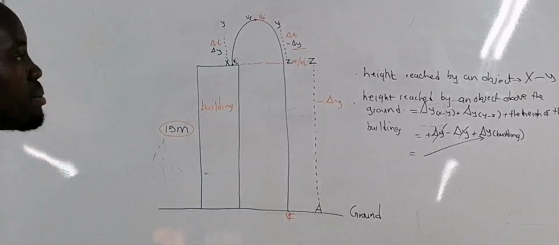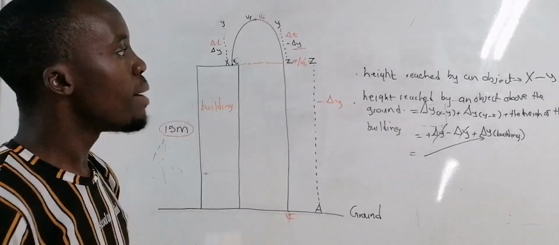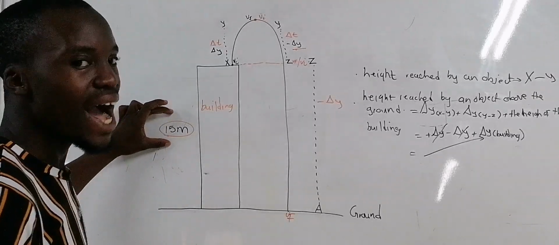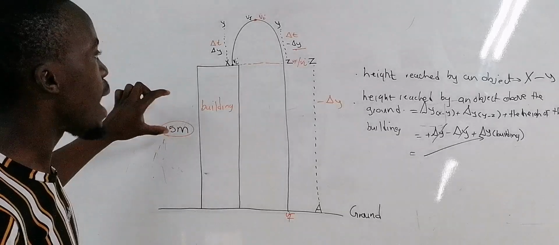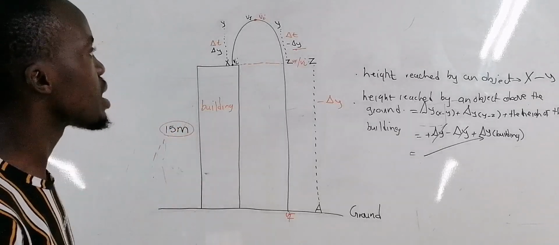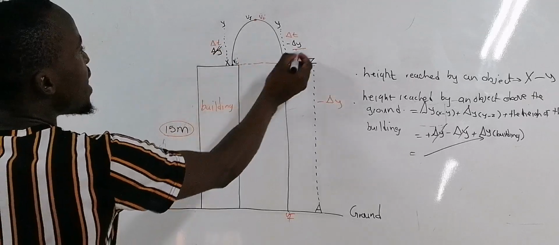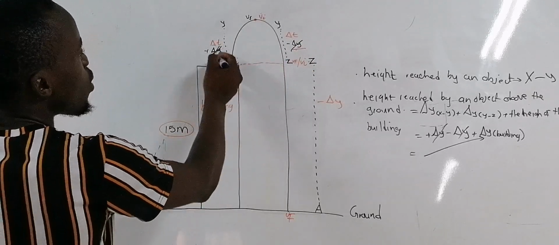That's very, very important. So if they ask me now to calculate the height reached by an object above the ground, this will be my height, because these ones are going to cancel, right? You add this one and this one, and you know that a positive and a negative cancel, so they are going to cancel.